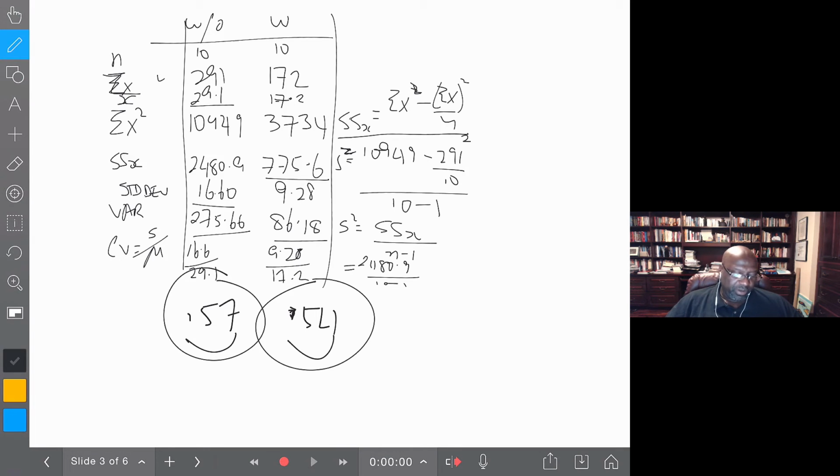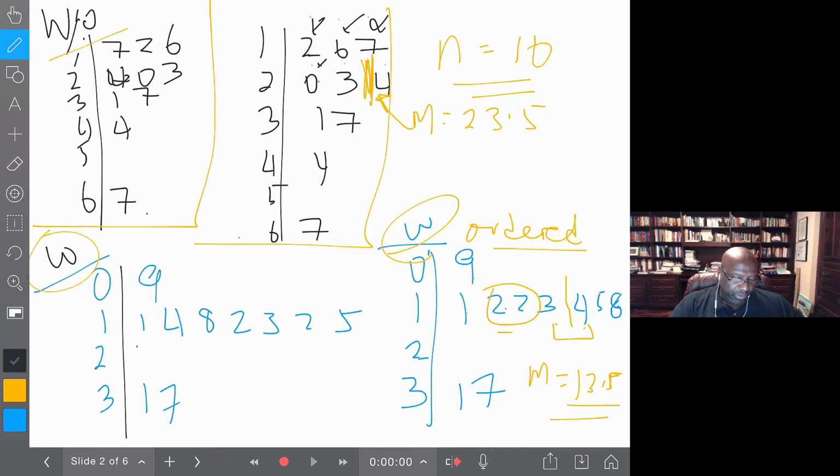We have the coefficient of variation, the variance, the standard deviation, and the mean. We calculated the medians as well, which we could have added to our table, and if I go back to my earlier slides, we found medians of 23.5 and 13.5.